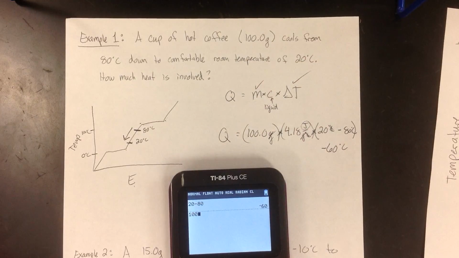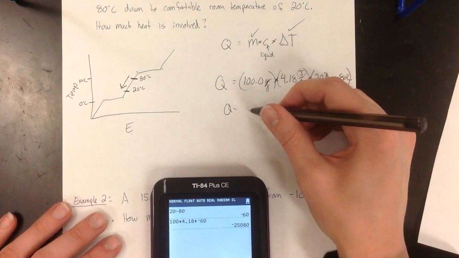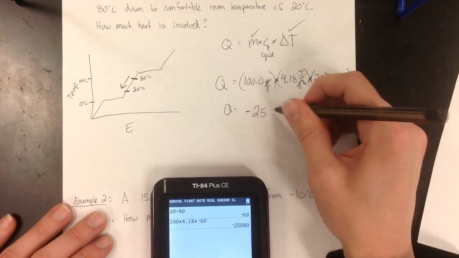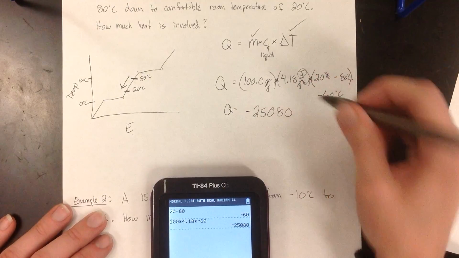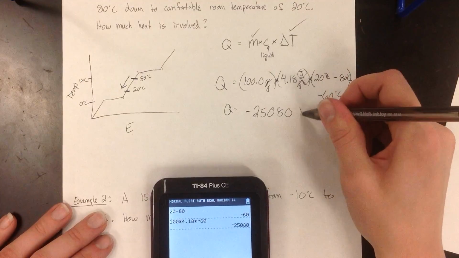So 100 times 4.18 times my negative 60 equals Q of negative 25080. My unit I said was joules because it didn't cancel out.